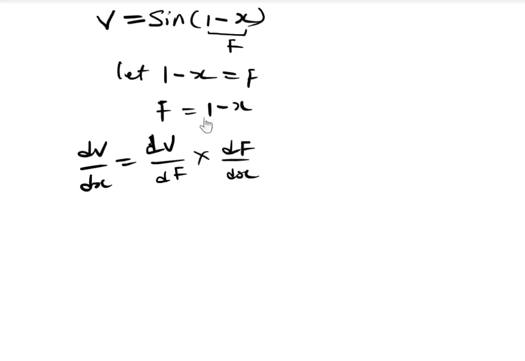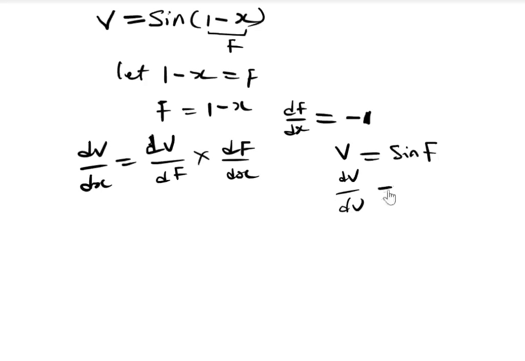So from here, we can say that df/dx is equal to the differentiation of a constant, which is 0, and differentiation of minus x will give me minus 1. If we assume f to be 1 minus x, therefore v is equal to sine f. dv/df is equal to cos f.